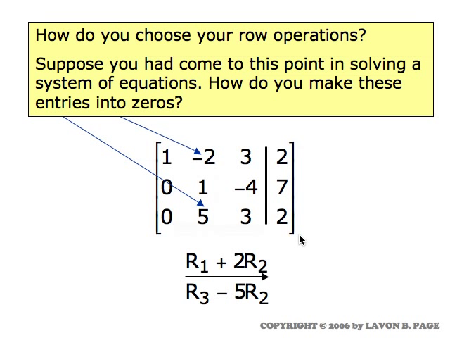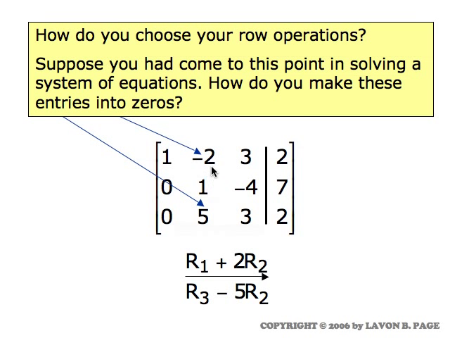It's really not very complicated. The key is I'm using this 1 to do it. And when I want to produce my new row 1, I want to do -2 plus something times this, which will give me a 0. And so what I need there is a +2.